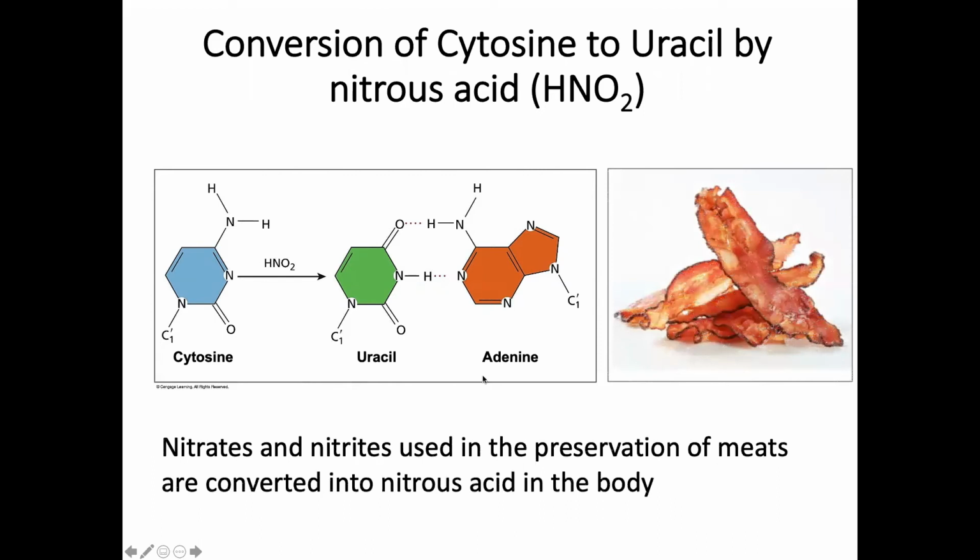And nitrates and nitrites used in the preservation of meats are converted into nitrous acid in our body. So that's the reason why preserved meats are not very healthy, okay? However, some preserved meat, such as bacon, shown here, is very delicious. So this is a tough decision.